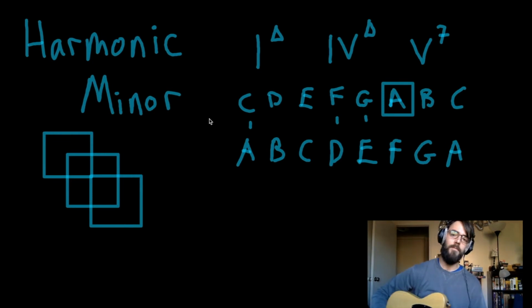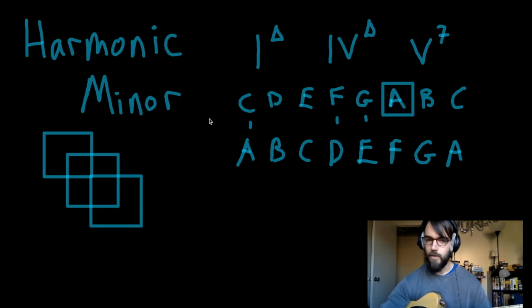well, the first thing is we lose this. The one chord in a minor scale is minor. The 4 chord is minor 7. And then the 4 chord is also minor 7, and the 5 chord ends up being also minor 7. So we would get something like this.